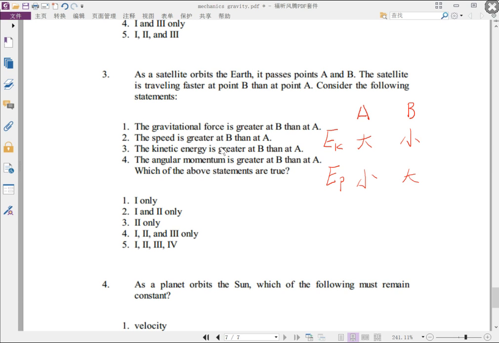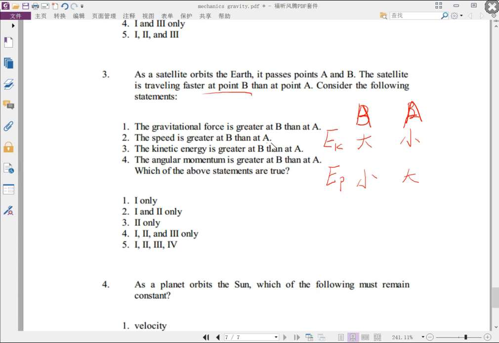Okay, it is faster at B, which means B should have a greater velocity.